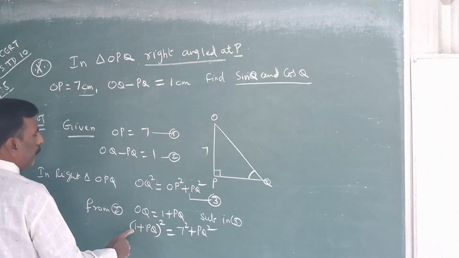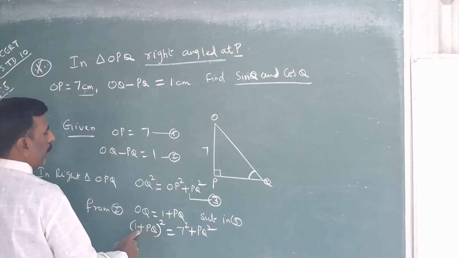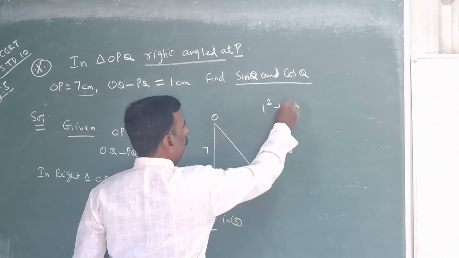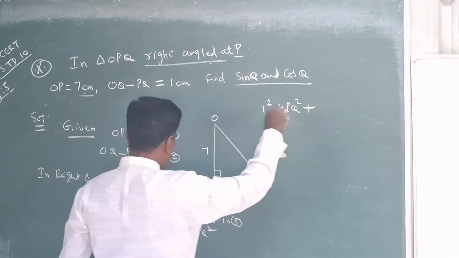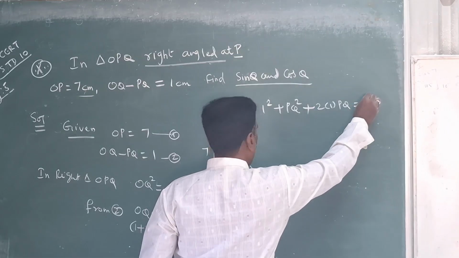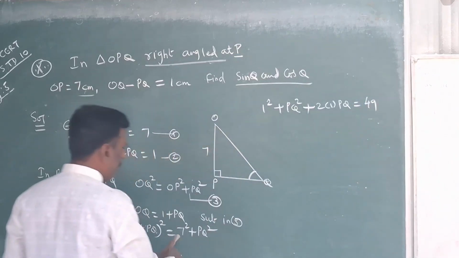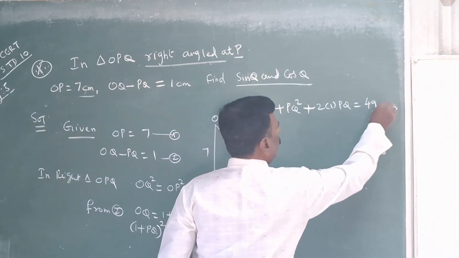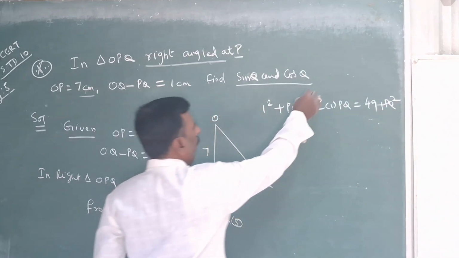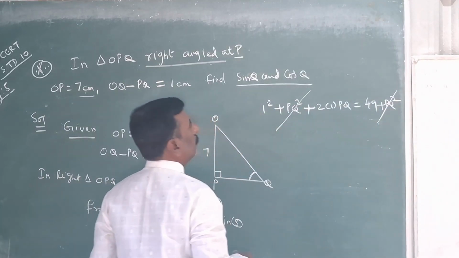Now I am going to expand this using the A plus B whole squared formula. A plus B whole squared is A squared plus B squared plus 2AB, so 1 plus PQ squared plus 2 into 1 into PQ, which is equal to 49. 7 squared is 49, plus PQ squared. Now I am going to cancel PQ squared.